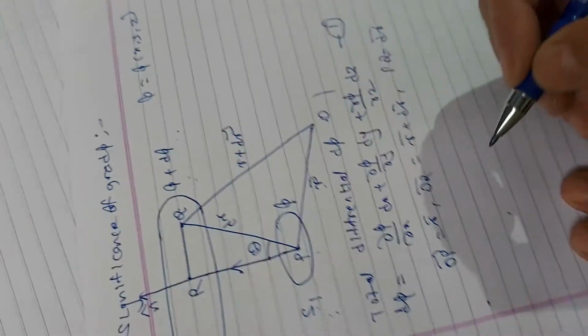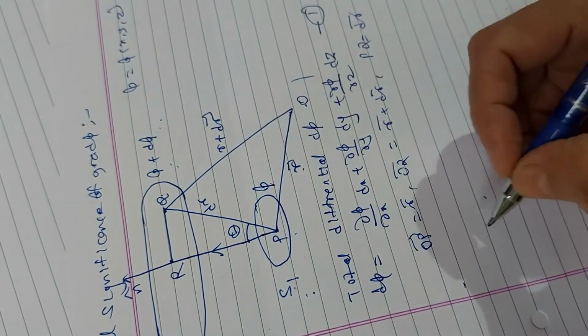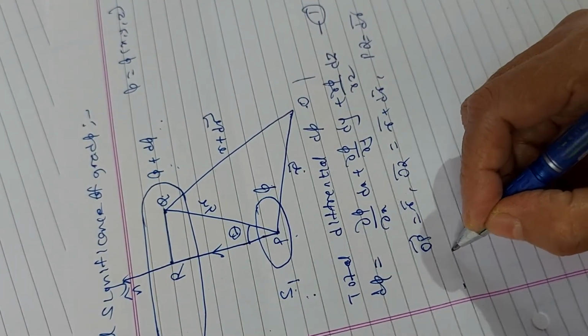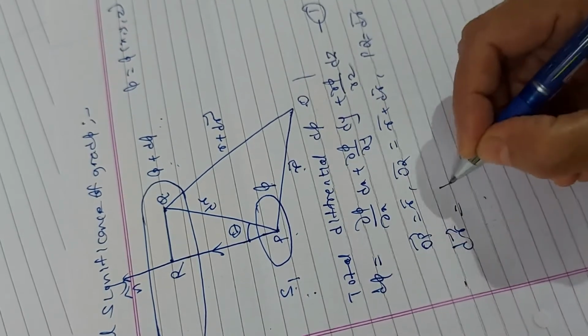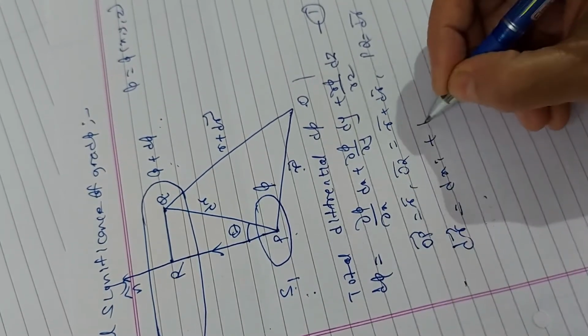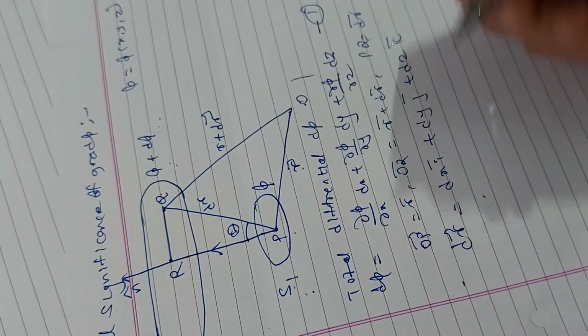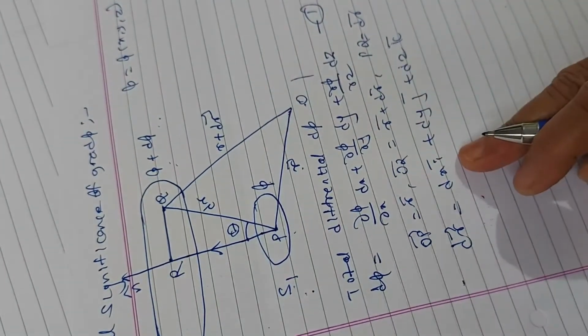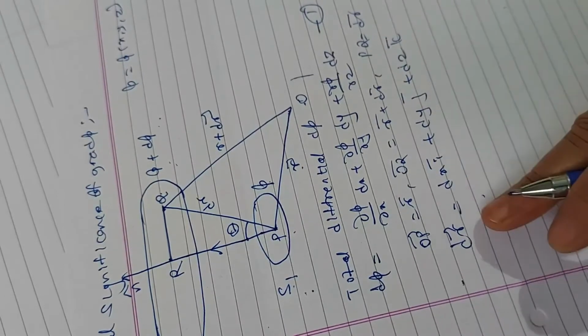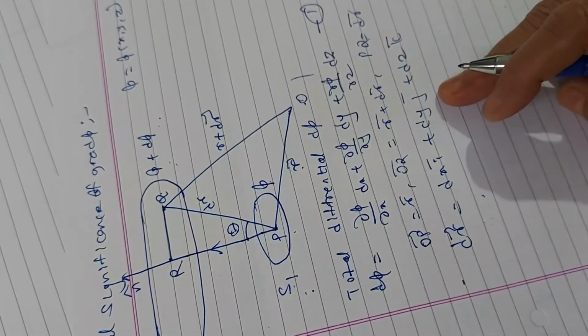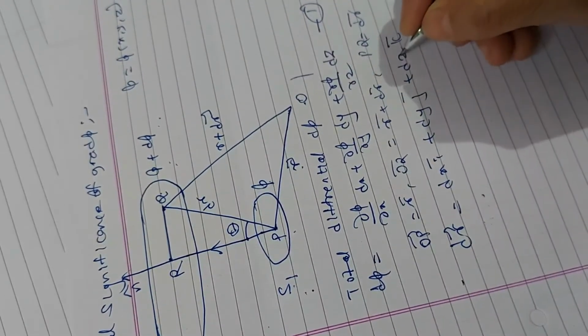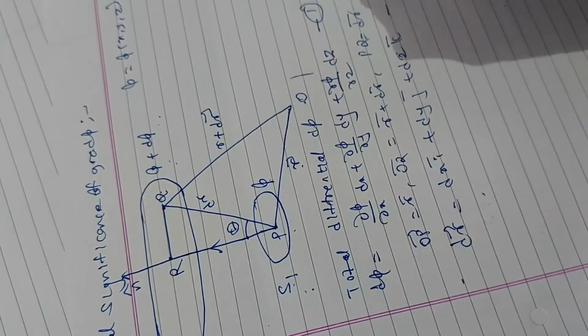So my dr vector will be dx i plus dy j plus dz k. Obviously r is ix plus jy plus kz, so dr should be i dx plus j dy plus k dz. Obvious. Okay? Equation number 2.